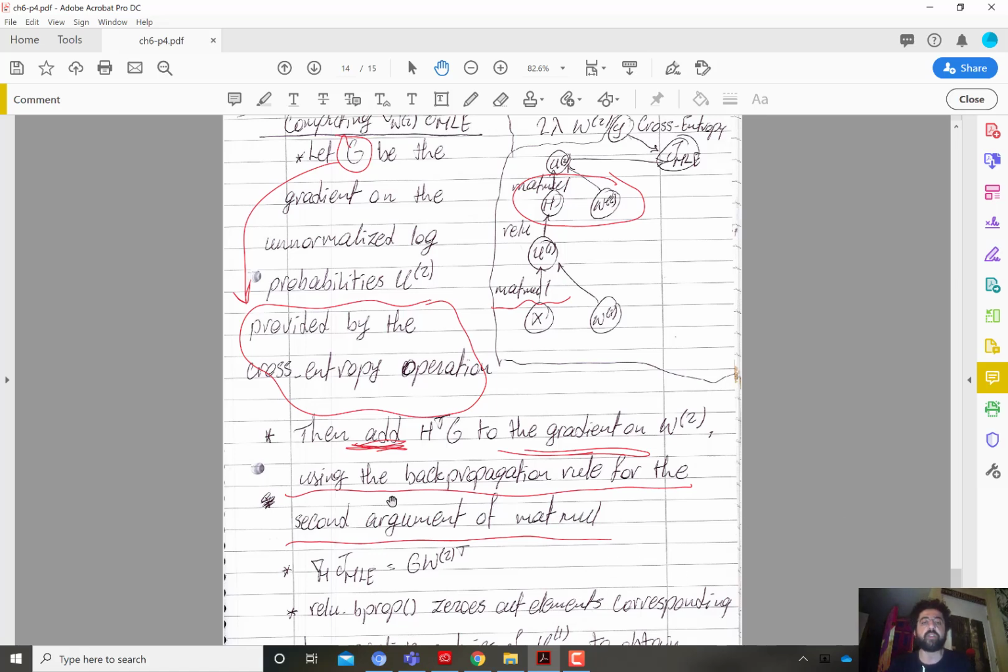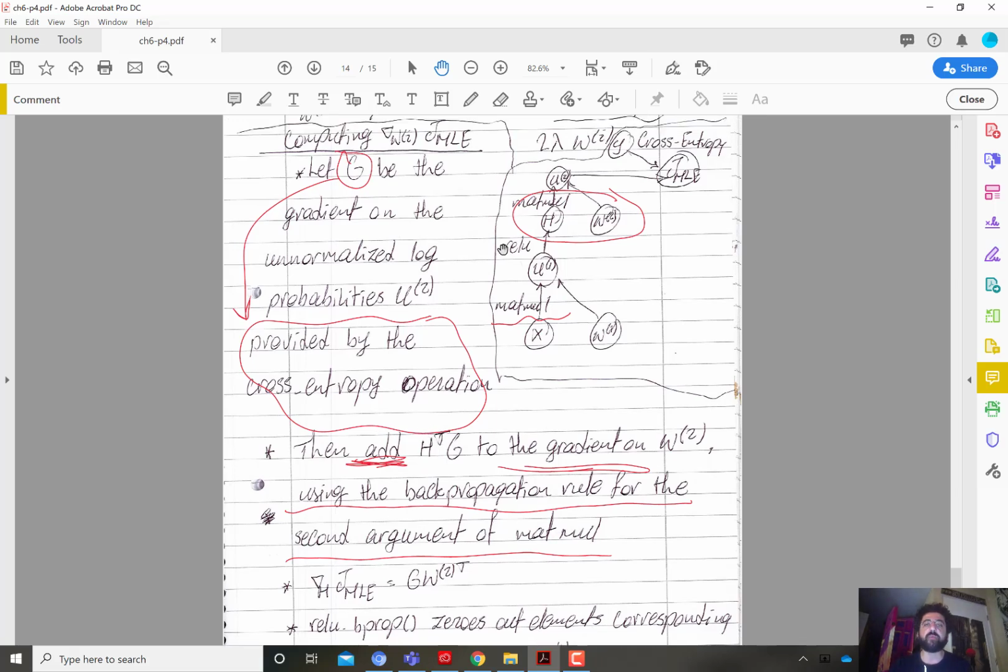The rule for the second argument says that you have H transpose, multiplied by whatever gradient you have with respect to the output, which is U2 here. So G is the gradient with respect to U2, and then you multiply it by H transpose. Then you get the gradient with respect to W2. So here we computed the gradient of the final output with respect to all the parameters in W2.